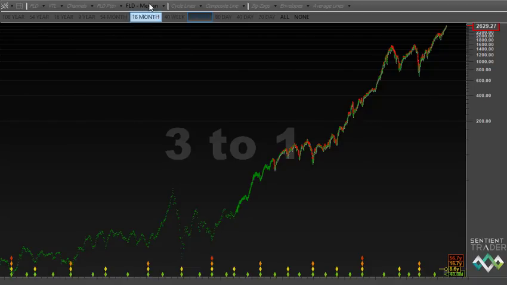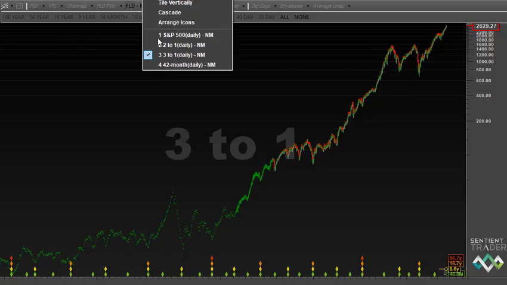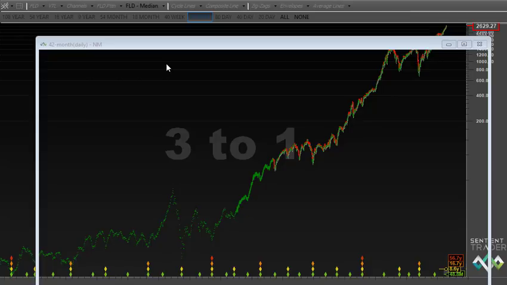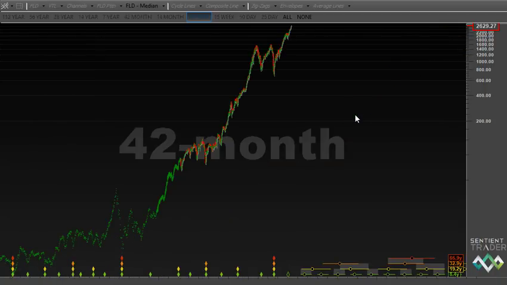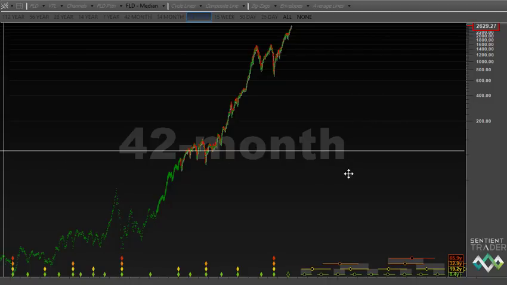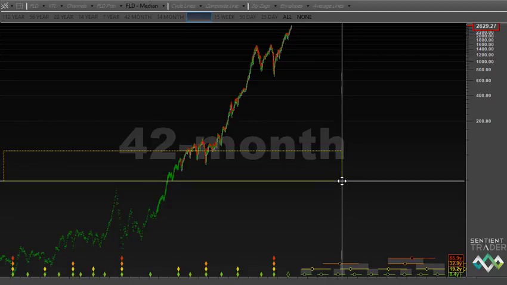Let's take a look at a third possible nominal model and speak about that nominal model. Now, this model requires a little bit of an introduction. It works with a 42-month cycle, and the 42-month cycle is something that has been discussed many times on the forum, I know, and it is something that the late John Eastreich discussed in his webinars about gold.